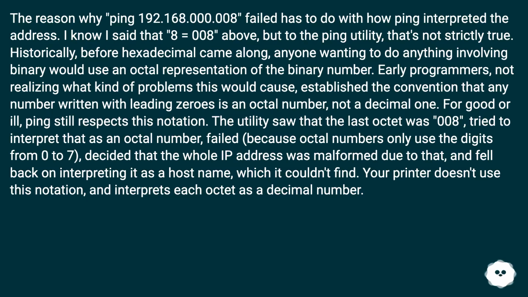For good or ill, ping still respects this notation. The utility saw that the last octet was 008, tried to interpret that as an octal number, failed because octal numbers only use the digits from 0 to 7, decided that the whole IP address was malformed due to that, and fell back on interpreting it as a hostname, which it couldn't find. Your printer doesn't use this notation, and interprets each octet as a decimal number.